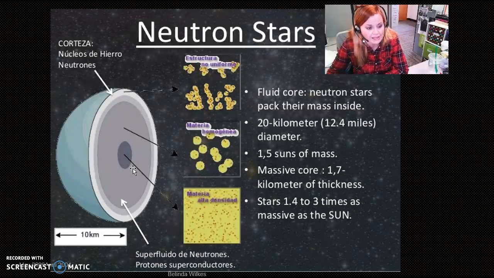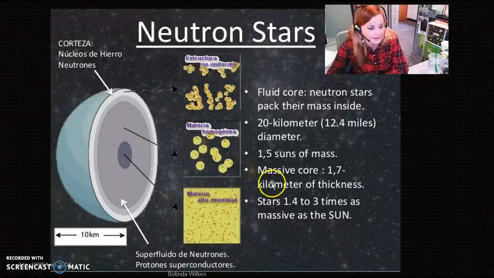But they are as massive as 1.5 suns, right? So they're really, really massive for their size. Just exceptionally massive. A teaspoon of a neutron star would weigh 100 million tons, to give you kind of an analogy there. So these are for your medium high mass stars.